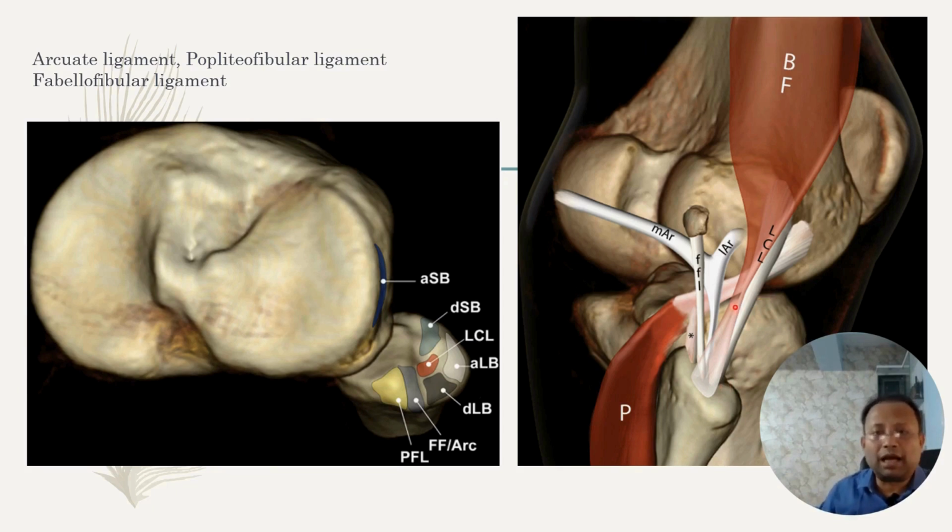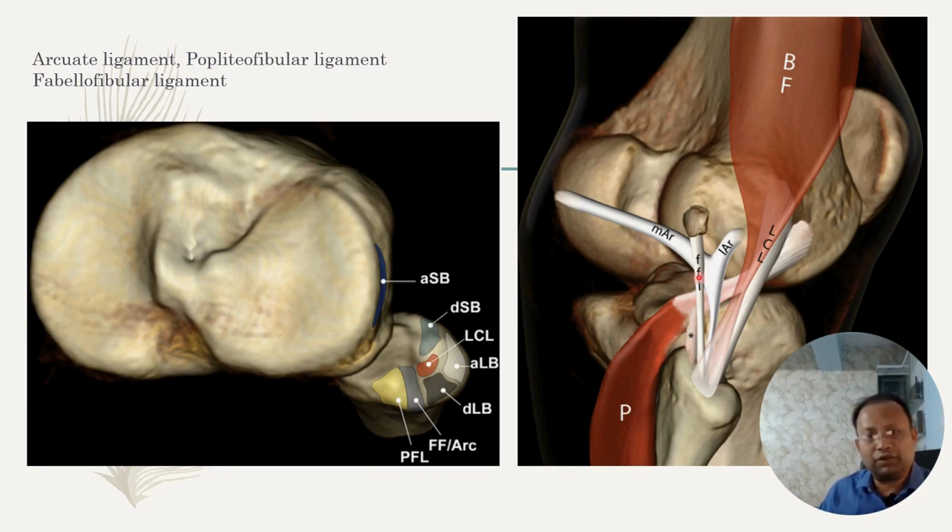There are other ligaments also on the posterior side, because this is the patella we can see. So this is the anterior side and this is the posterior side. The other ligaments on the posterior side are the fabellofibular ligament, and then the arcuate ligament is also there. The popliteofibular ligament is also there in the posterior part.